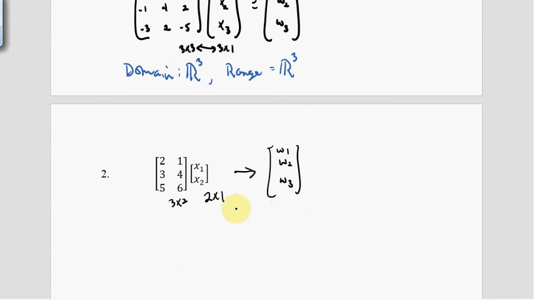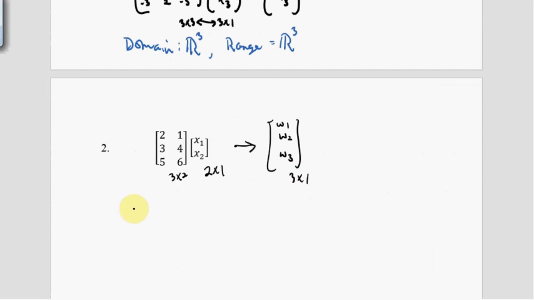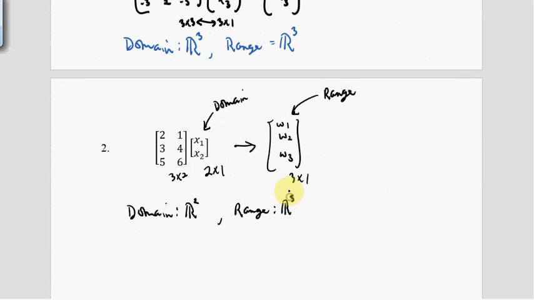It's going to be a 3 by 1. So the domain is this size, and this is our range size or dimension. So here our domain would be R2, and our range would be R3. Does that make sense?